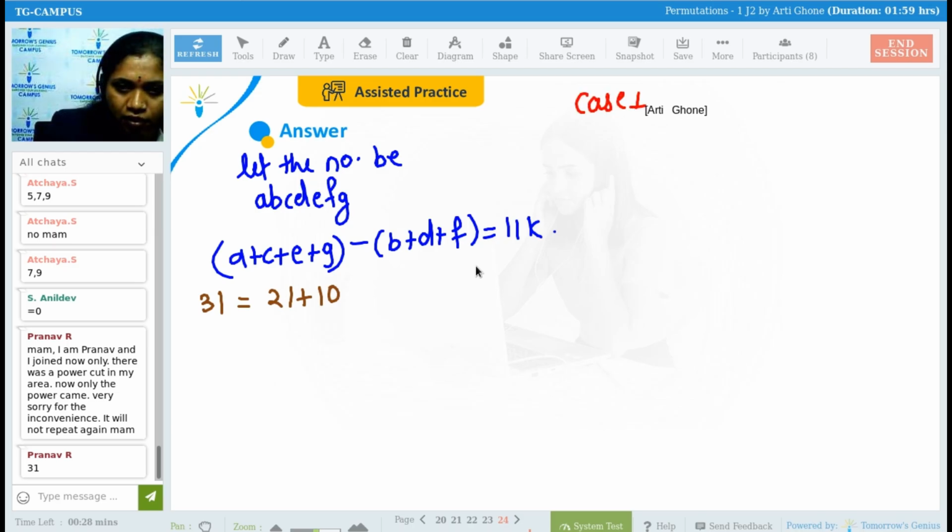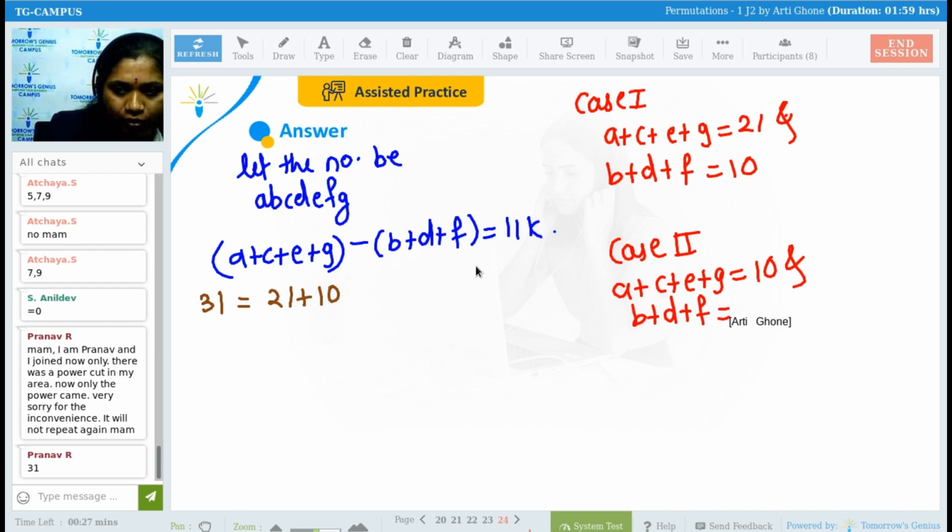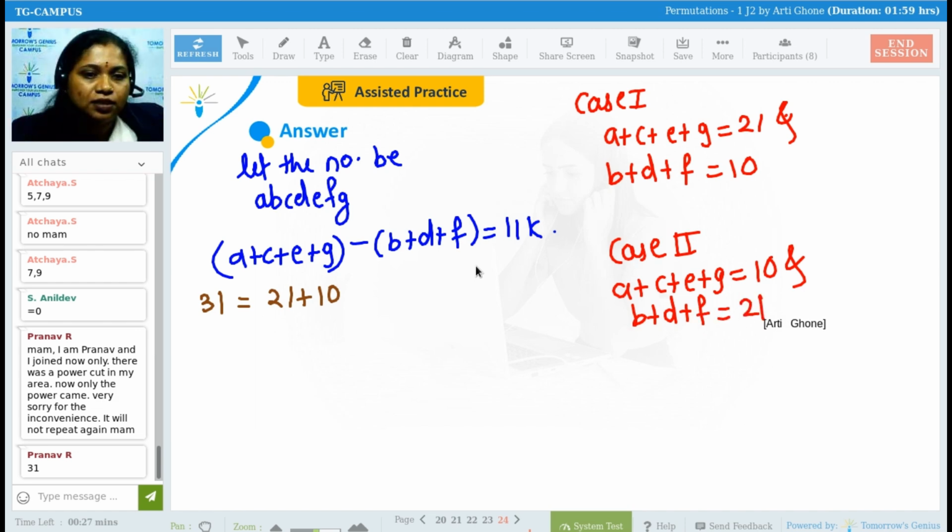Case 1: A plus C plus E plus G is equal to 21 and B plus D plus F is equal to 10. And what is case 2? A plus C plus E plus G is equal to 10 and B plus D plus F is equal to 21. Clear? These are the only two possible cases.